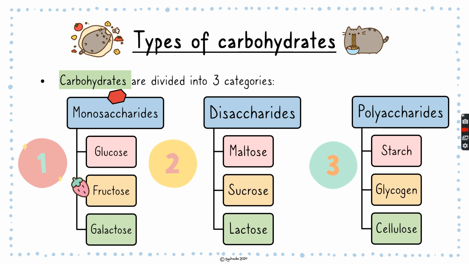For example, here we have fructose, which can be found in fruits, and galactose, which can be found in milk. These are simple sugars. Another simple sugar type is the disaccharides, made up of 2 units of sugar. You have your maltose, and here is lactose, which I think you're very familiar with, which also comes from milk.